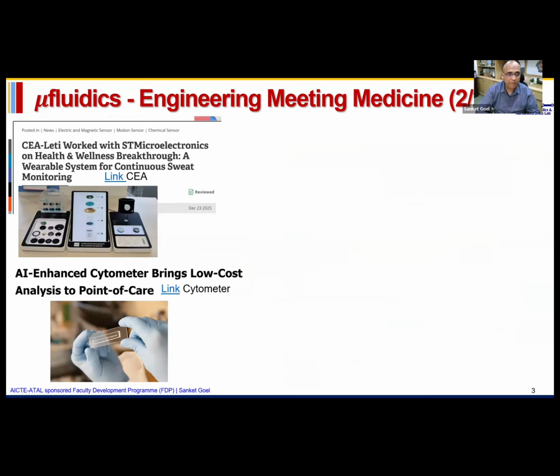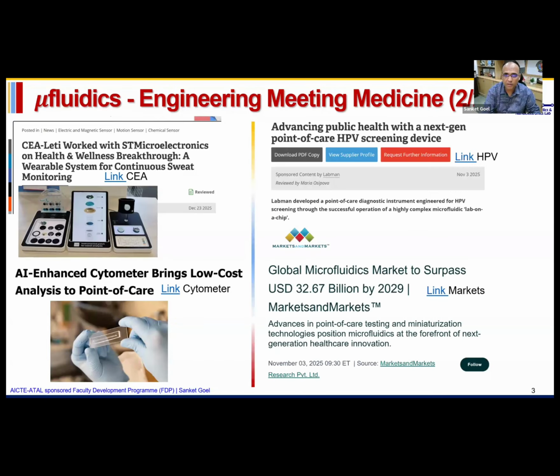There is a lot of AI and ML based disease classification, monitoring, and diagnostics happening right now. You can see a simple device. I have a similar device in my hand. You can see the same kind of device, which can be used for measuring multiple biomarkers and multiple ions in your body, especially in the wearable setting.